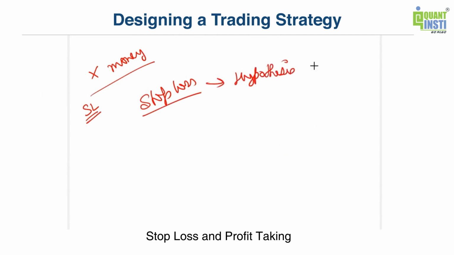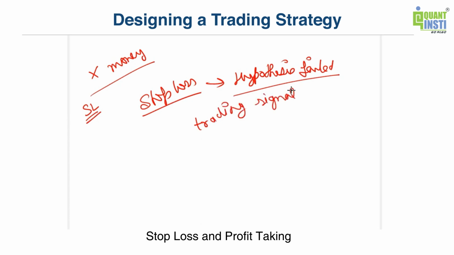So once your hypothesis has failed, but your trading signal has not generated a signal to cut your position, then we say it is better to take a stop loss, because the hypothesis has failed and you should get out of your position even if your trading signal in the opposite direction has not been generated. So that is how we define the stop loss.